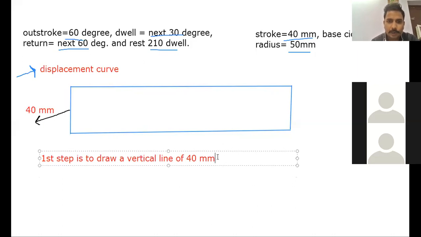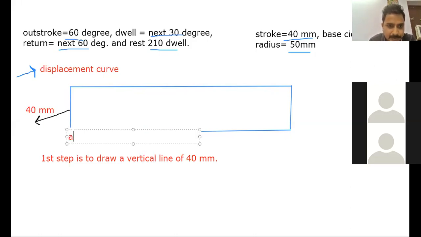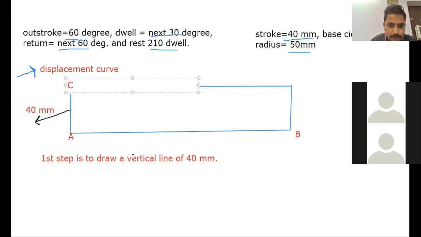After drawing this line, the second step is to make a line equal to 360 degrees, because the total movement of the cam is 360 degrees. You can take this line as 15 centimeters in your scale, because that would be the complete length. I am naming the line here as A, B, and this as C. So this line which you have drawn is AC.